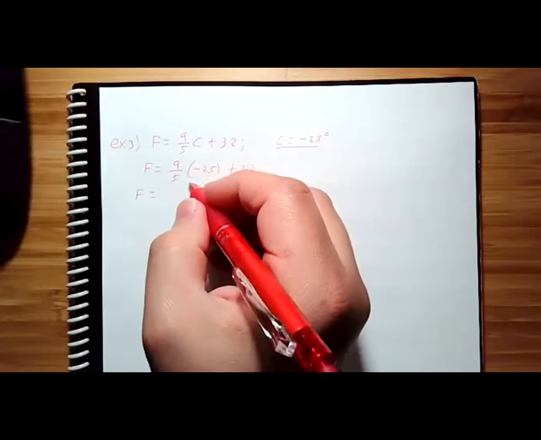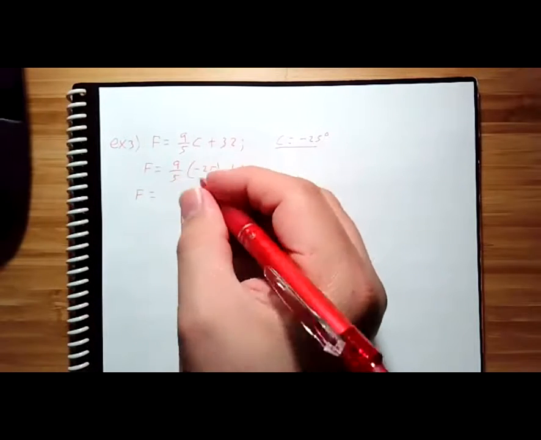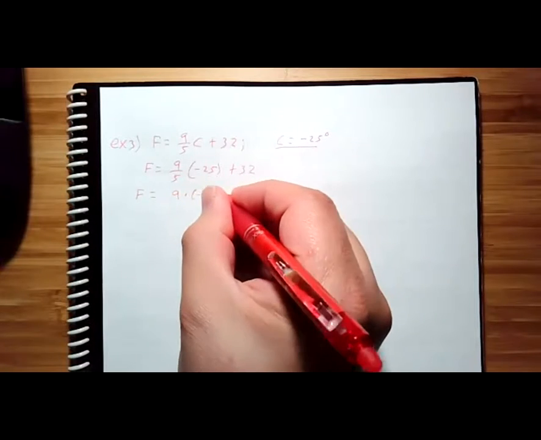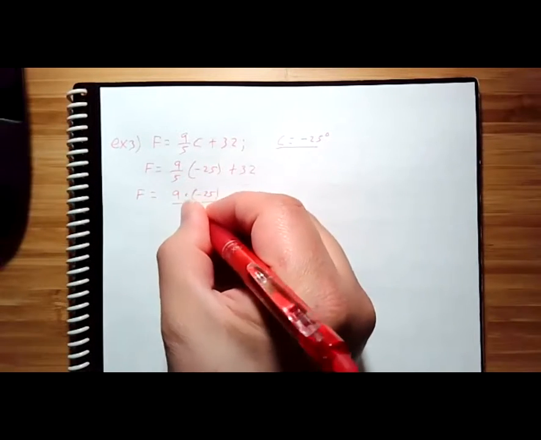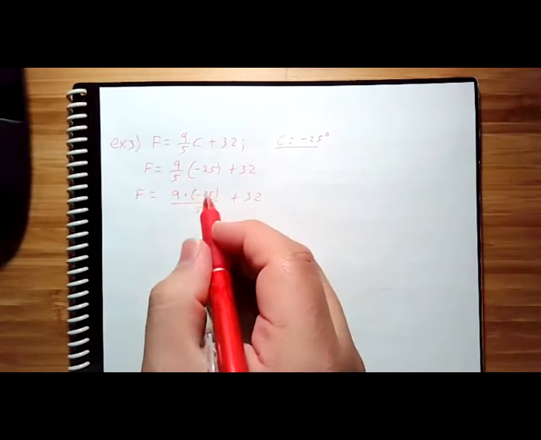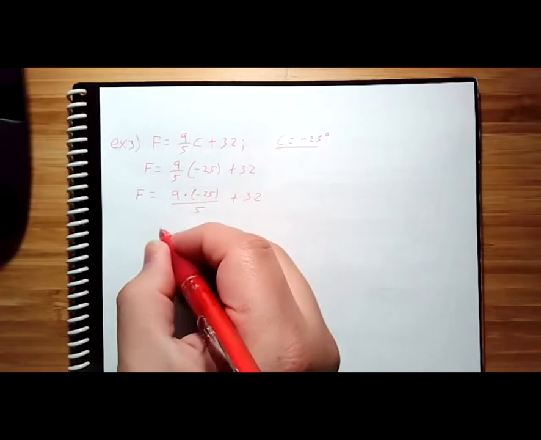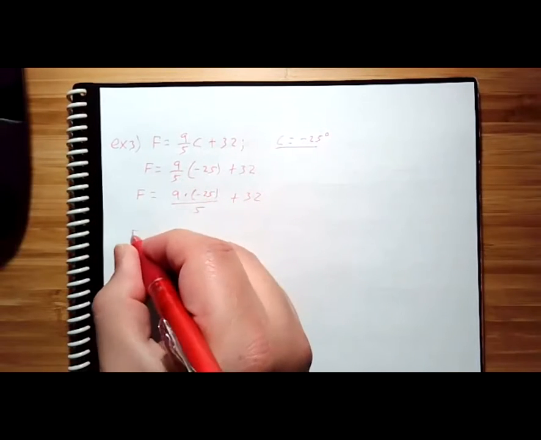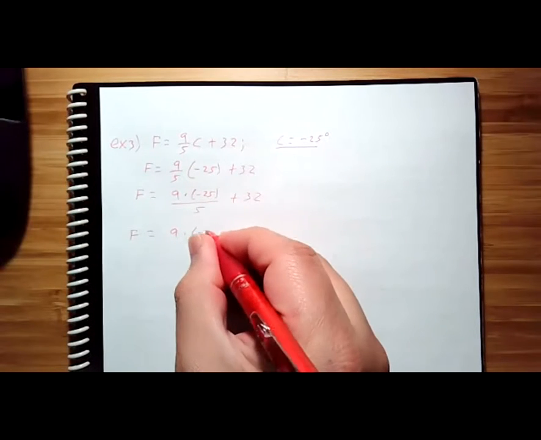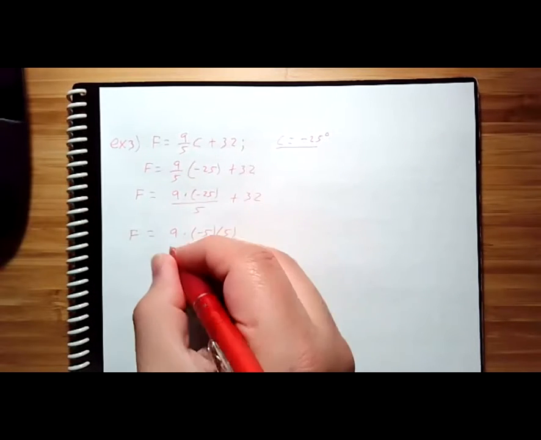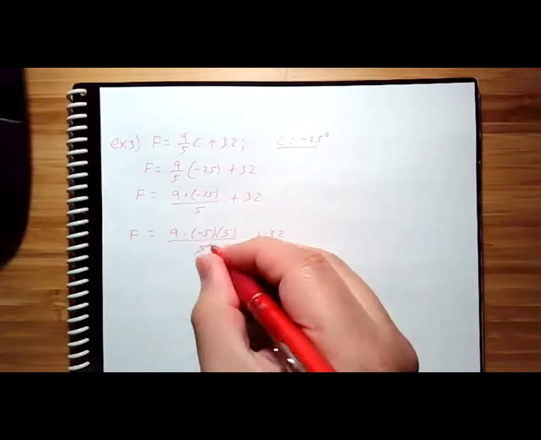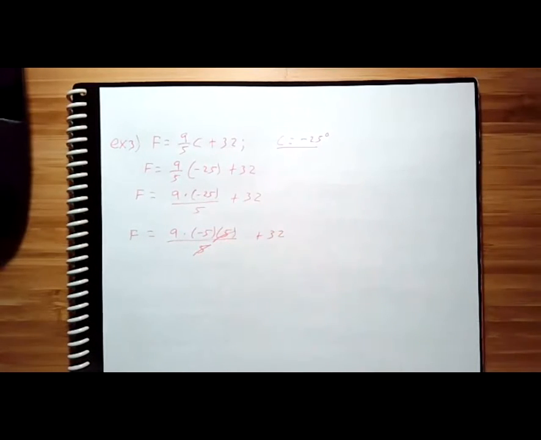So 9/5 times this, that's the same thing as saying 9 times -25 over 5. So break up the -25 there. That'll be 9 times -5 times 5, right? So this will cancel the 5s.